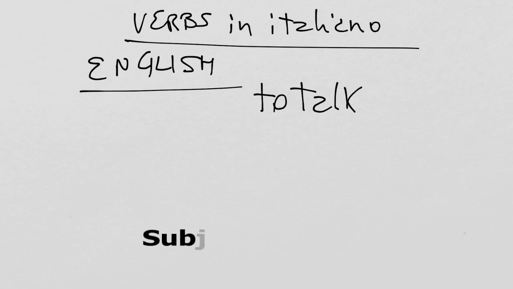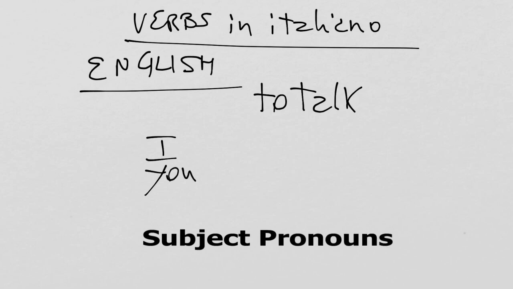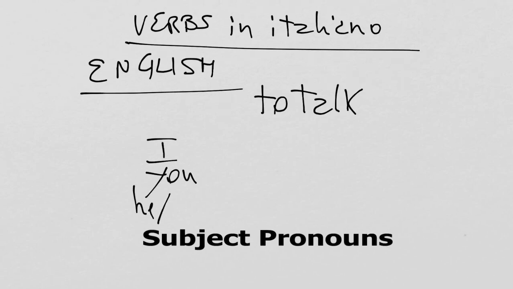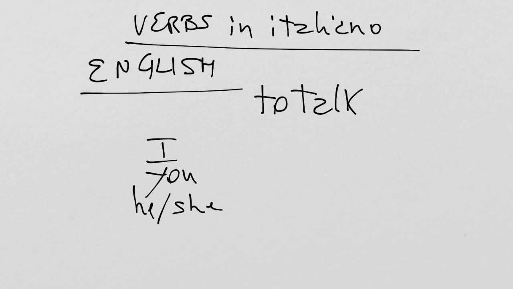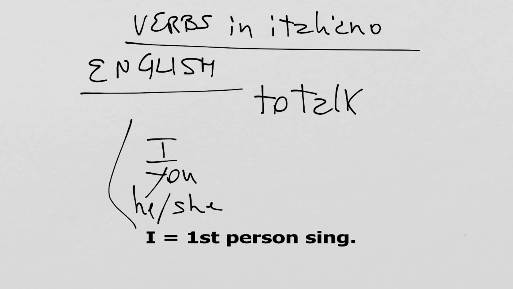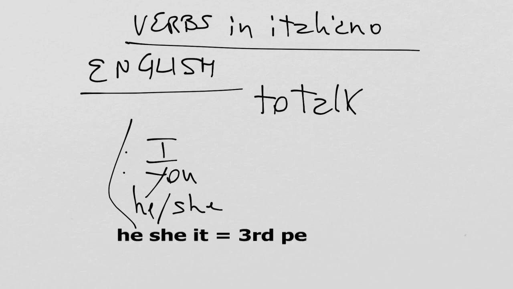Let's start writing down the subjects: I, you, and third person, he, she. I is the first person singular, you second person singular, he and she third person singular.